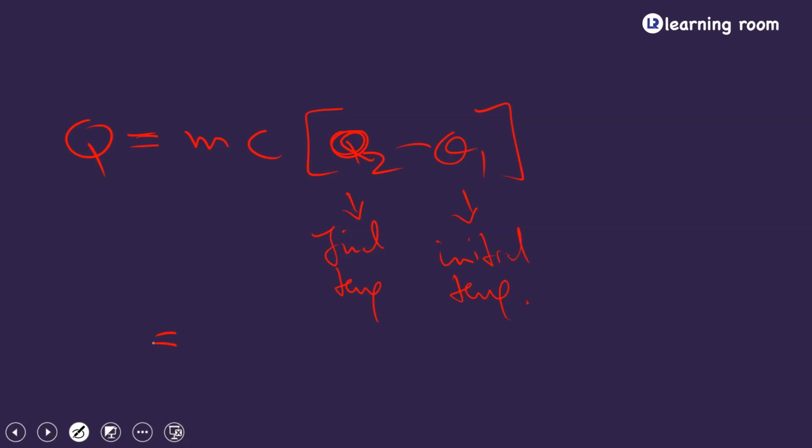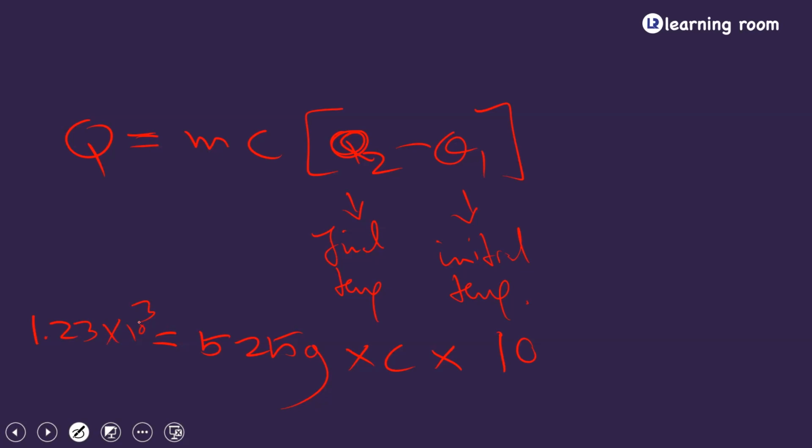Now we already know that by how much the temperature is changing is 10 degrees, and the mass is also given. So the mass is 525 gram into C into 10. Q, we know the amount of heat which is given, it absorbs 1.23 times 10 to the power 3.